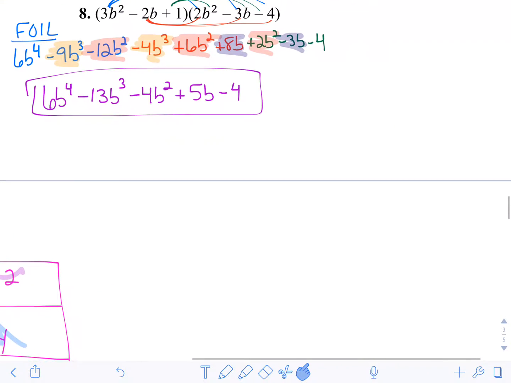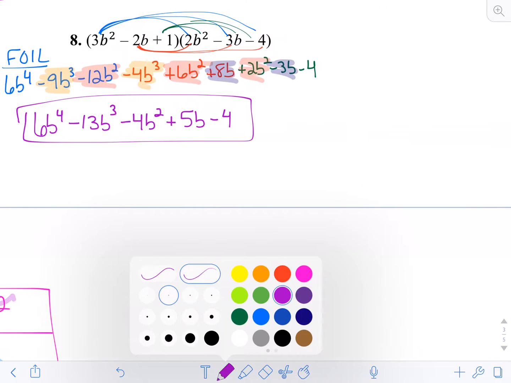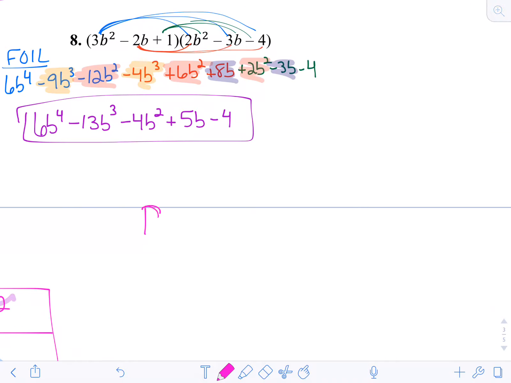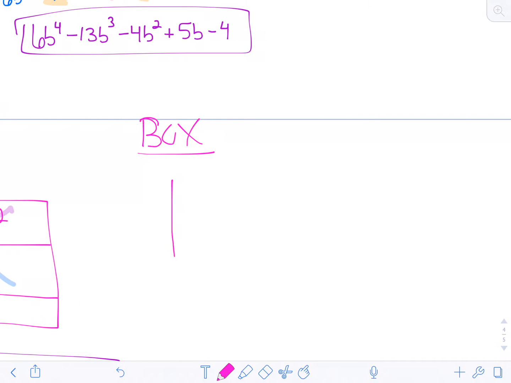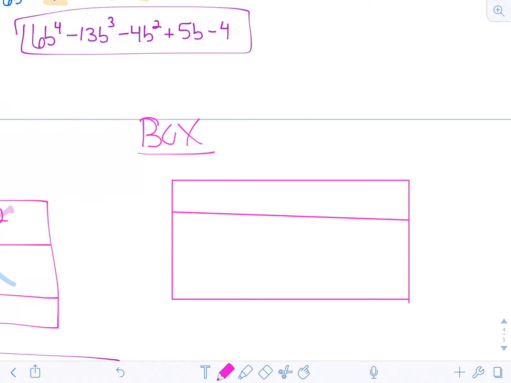Okay, so now, see, I have some space. We'll do the box method. Okay, whoops. Let me move it down. Make a fairly good box. That's not the prettiest box, but it's okay.